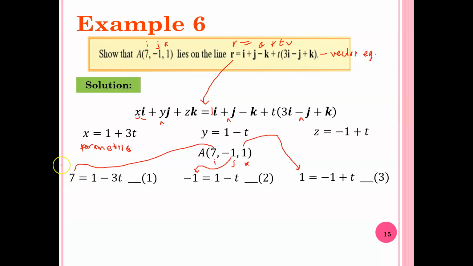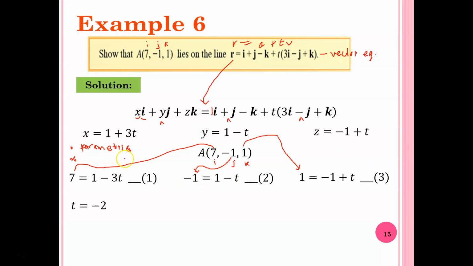Sebutan untuk X. This, sorry. Not X. I'm sorry. Untuk I. This one untuk I. This one untuk J. This one untuk K. Okay. So, you comparekan kiri dan kanan. Okay, then you have T.